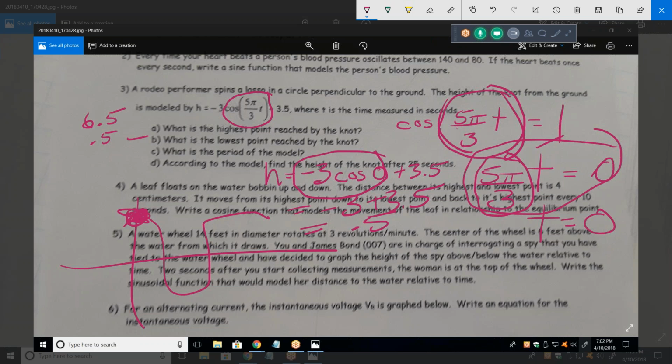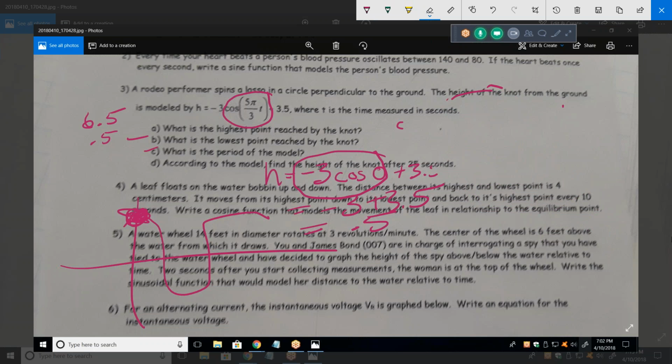Now, okay, let's look at C. Man, they are hitting you with some hard ones here. These truly are the hardest trig problems, without a doubt, for me as a tutor and for every student that I've ever known.